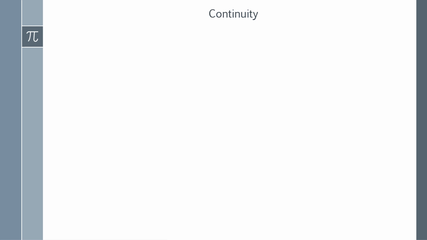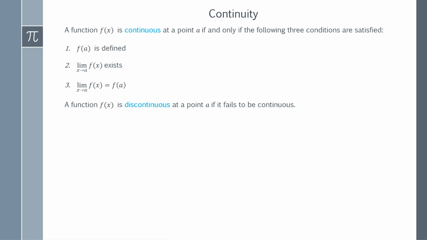Okay, let's go ahead and take a look at a definition of continuity at a point. We say that a function f of x is continuous at a point a if and only if the following three conditions are satisfied. First, we need to make sure that f of a is defined. Then we check that the limit of the function as x goes to a exists.